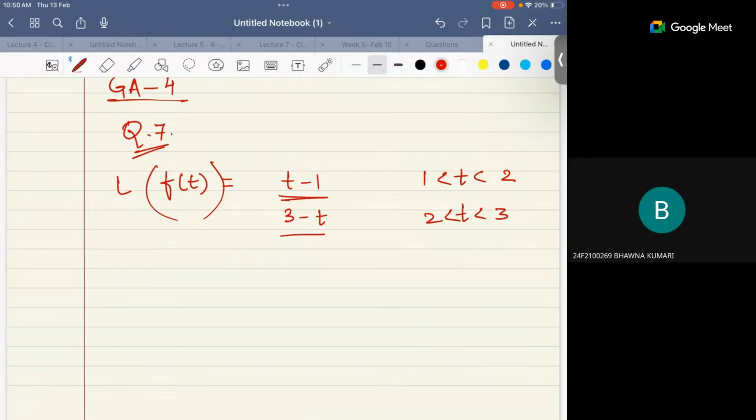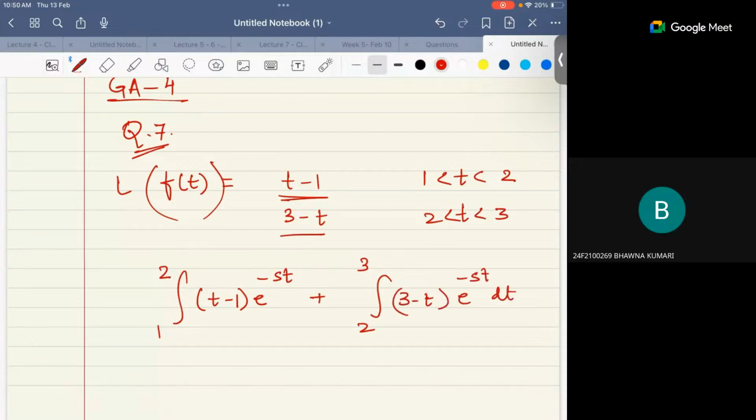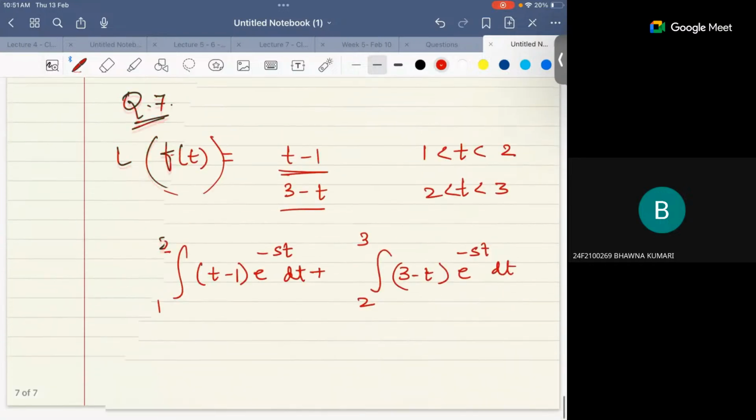So how did you calculate that? Sir, I wrote it as a piecewise function: from 0 to 1 f(t) is 0, from 1 to 2 it is t minus 1, from 2 to 3 it is 3 minus t, and from 3 to infinity it is 0. And from 2 to 3, this is (3 minus t) times e to the power minus st dt. Yeah, this is what we have to calculate, right? Yes, sir.